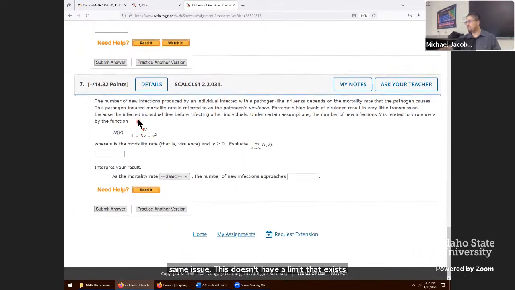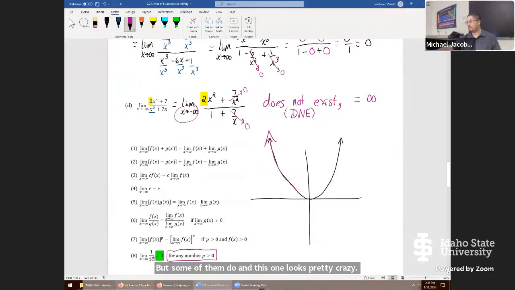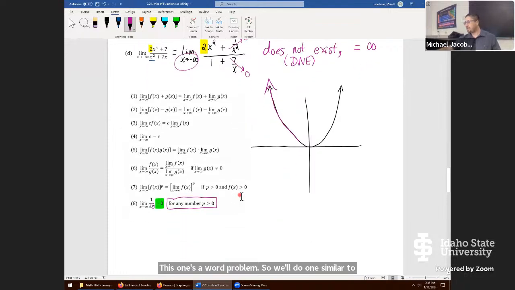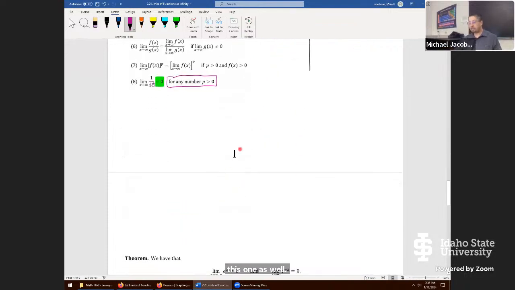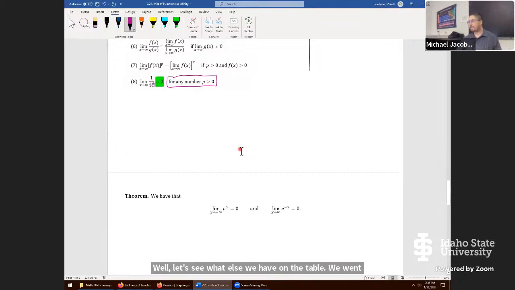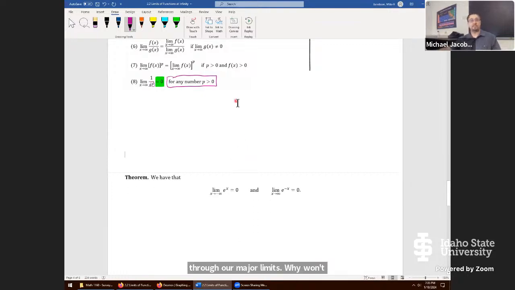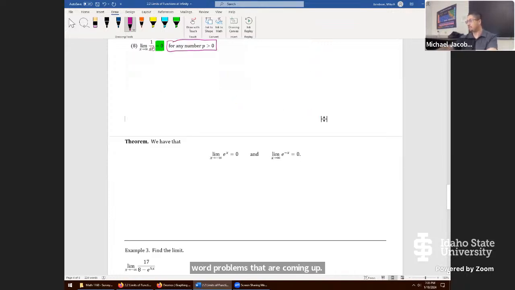But some of them do, and this one looks pretty crazy. This one's a word problem, so we'll do one similar to this one as well. Well, let's see what else we have on the table. We went through our major limits. I want to include just one additional theorem that's going to help us with the word problems coming up. It's nothing major, just one application towards the end of the notes.